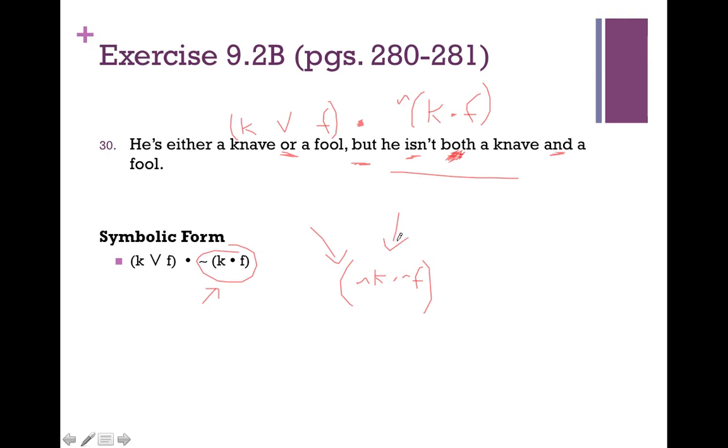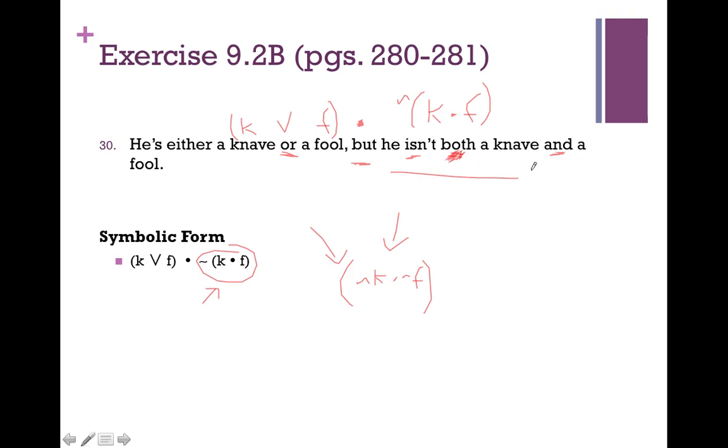But it doesn't leave open the possibility that he could be one or the other, which I think the sentence is communicating. The sentence up here is saying three things are possible. One is he's neither a knave nor is he a fool. It's leaving open also the possibility that he could be a knave and not a fool, or he could be a fool and not a knave.